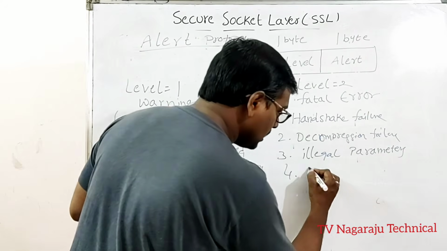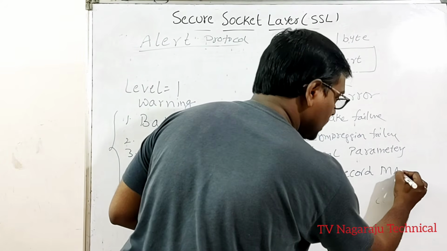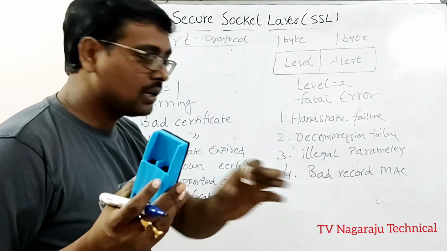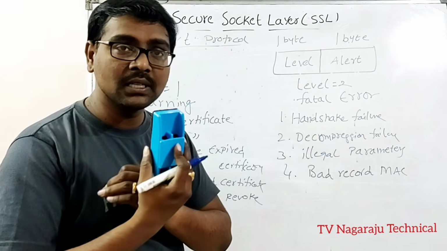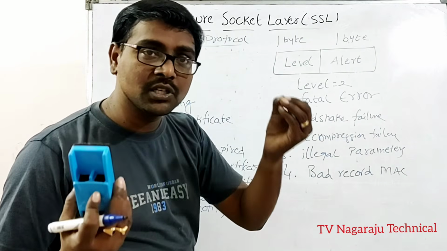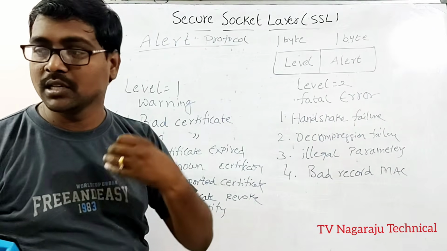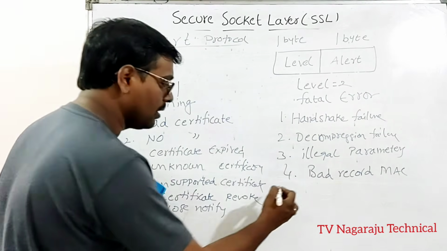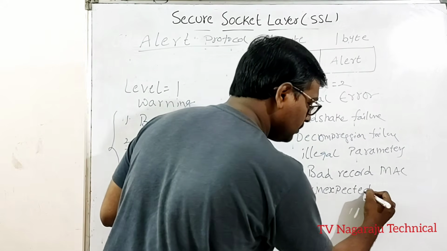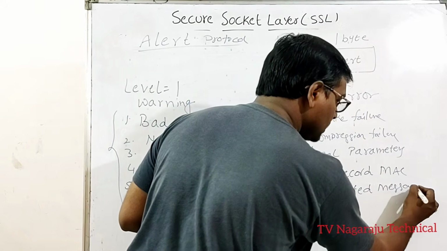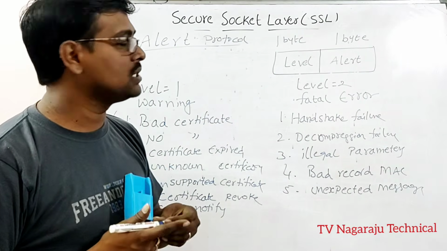Next one is bad record MAC: the receiver receives a message authentication code, and if the received MAC and the original one are different, the record we received is a bad record. Finally, unexpected message: suppose we receive a message not related to this connection, simply close it.